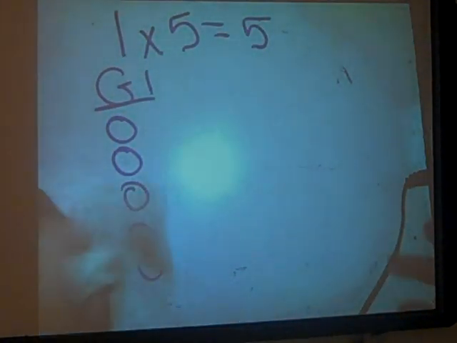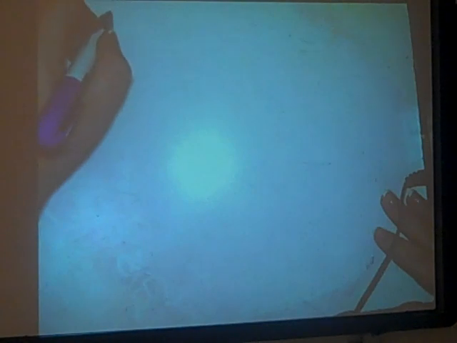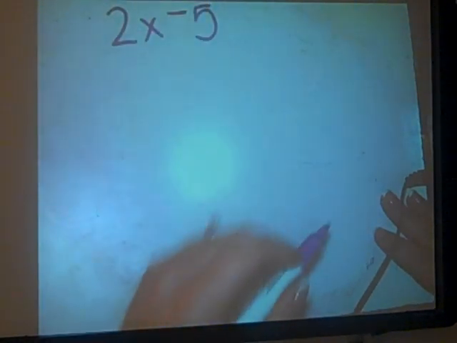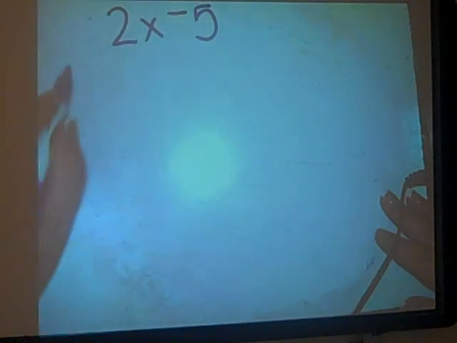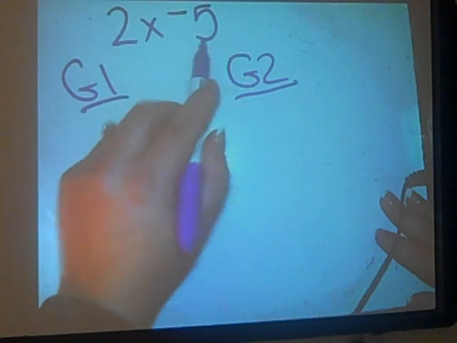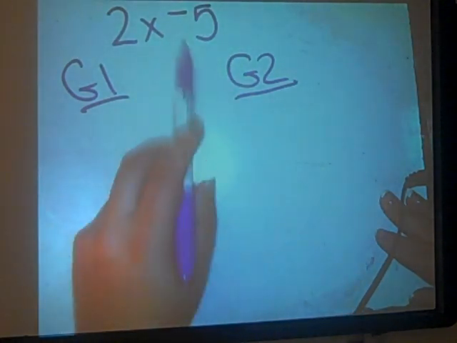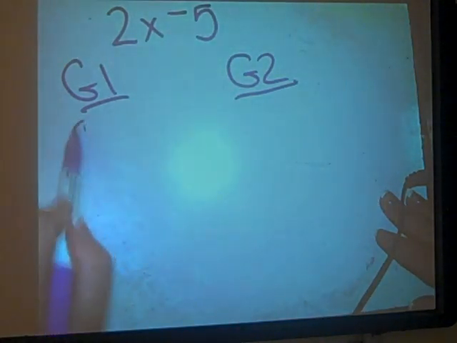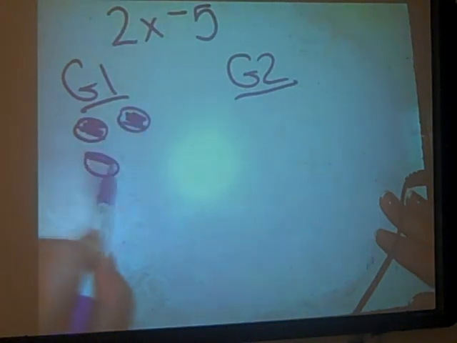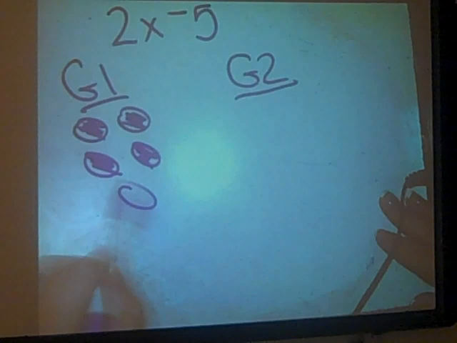Now let's look at them with some negatives. So this tells me I'm going to have 2 groups, so G1 and G2, and there's going to be negative 5 in each because my second number is negative 5. 1, 2, 3, 4, 5.